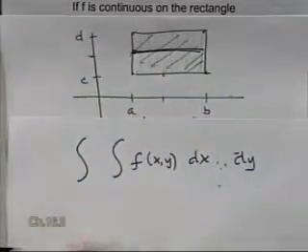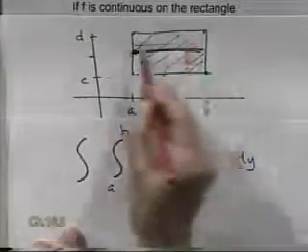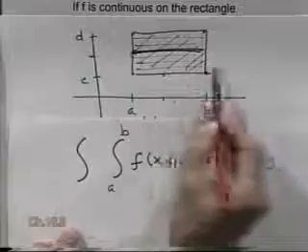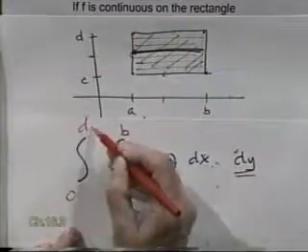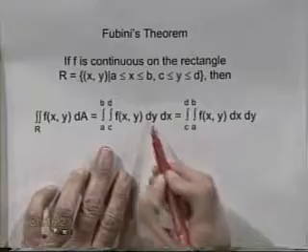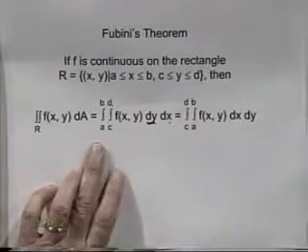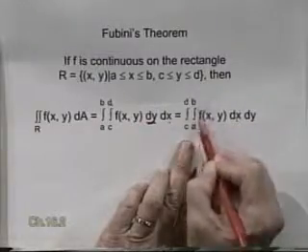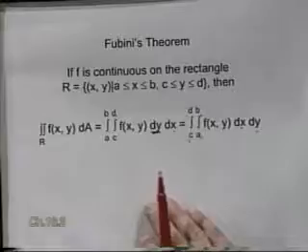From A to B. And after I do all of these this way, and I want to sum up all those strips, what's my y ranging from? From C to D. So what Fubini's theorem says is, just make sure you can integrate in either order, but this one says y is ranging from C to D, and x is ranging from A to B. And this one says x is ranging from A to B first, and then y is ranging from C to D. Not a hard theorem at all.